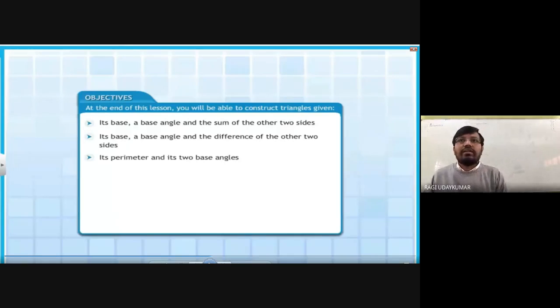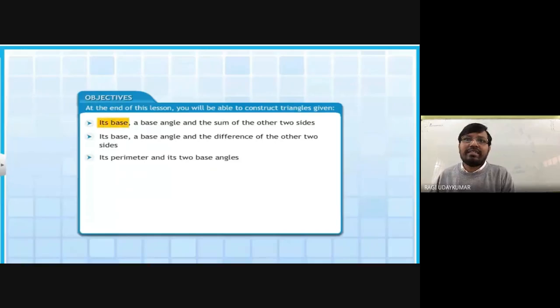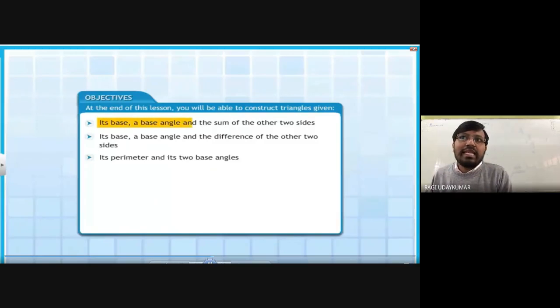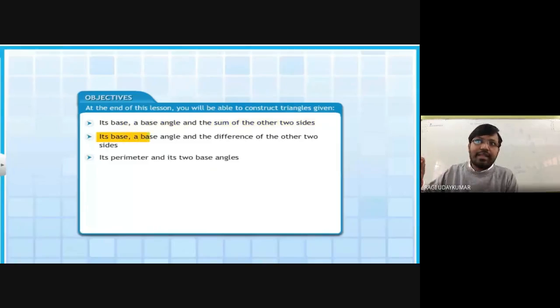And here, when it is given to you the base, base angle and difference of the two other sides, or the perimeter and two base angles, this part is actually deleted this year from your syllabus, but we will also discuss it here. It's a base, base angle and sum of the other two sides. Below there is a line: base angles and sum of the other two sides.